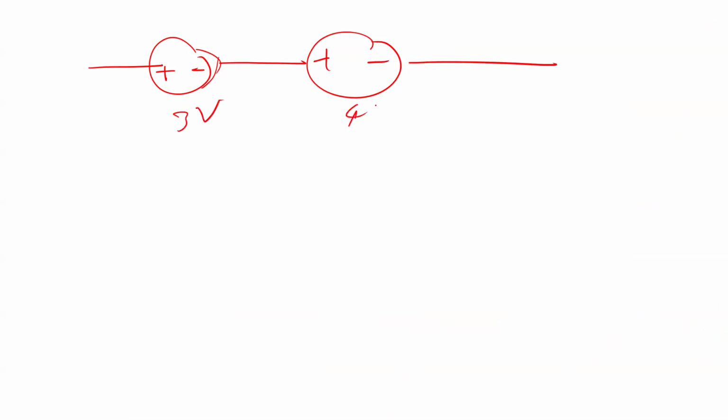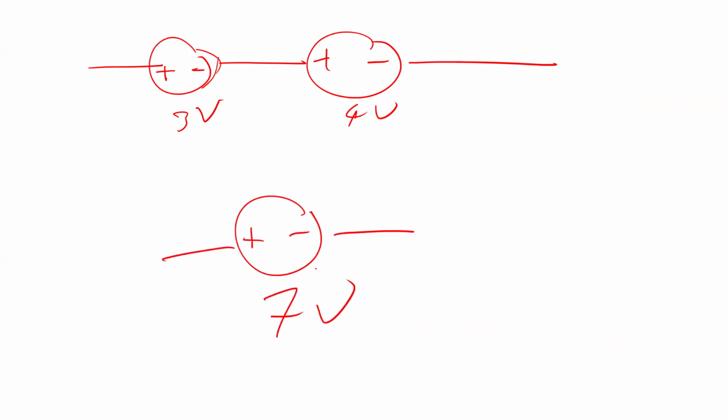For example, this is positive, this is negative. And then here, this is positive, negative, this way. This is 3 volts, this is 4 volts, for example. So in this case, negative is connected to positive. So I can replace this one with only 1 source, positive, negative, and this one should be 7 volts.